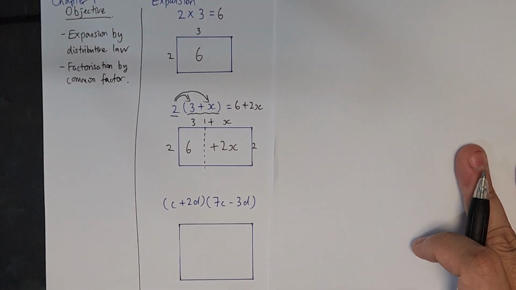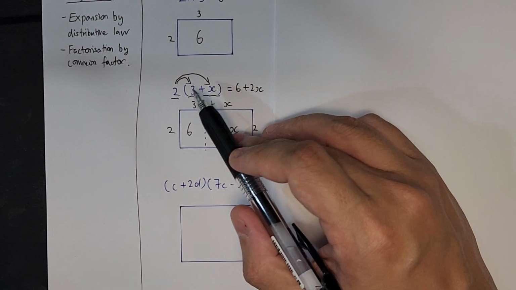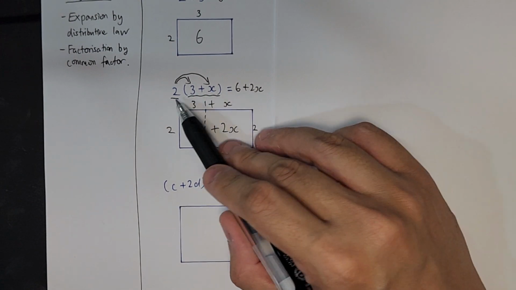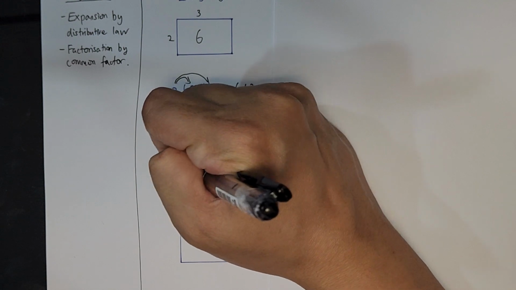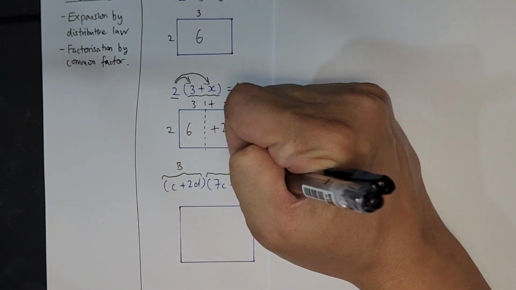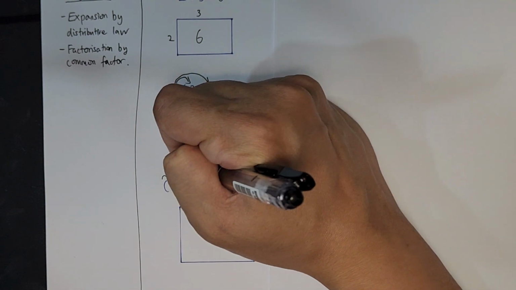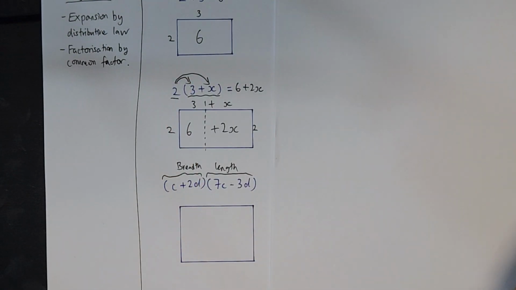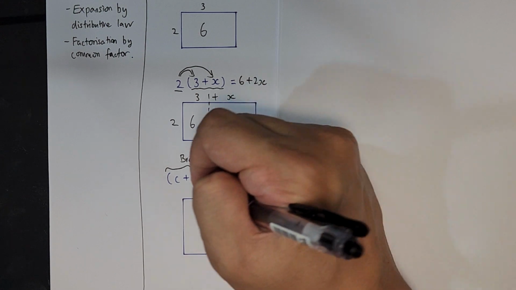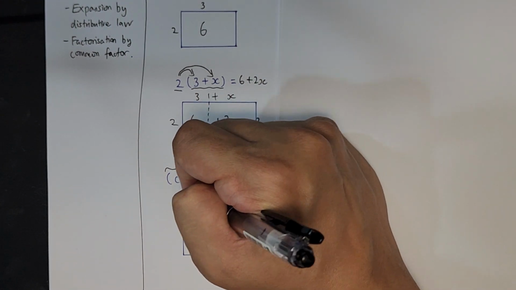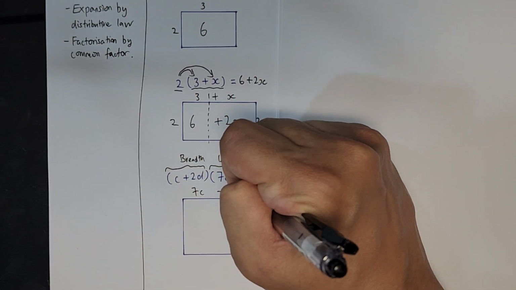Now, if we expand this further, not only does the length have 2 terms, even the breadth has 2 terms. So you can see this whole thing as my breadth and this whole thing as my length. Using the same technique as above, I have my 7c minus 3d at the top.